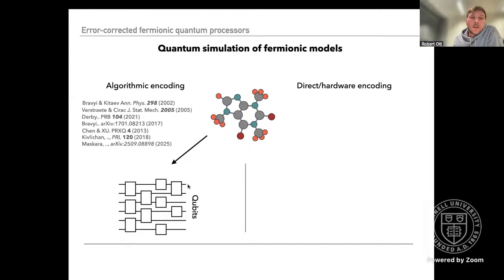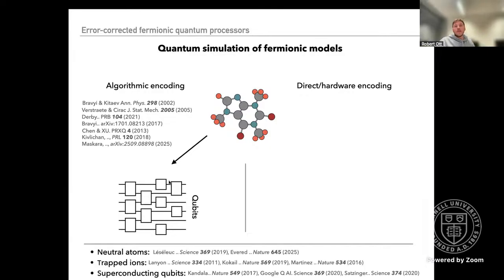And if you want to do that, you have to take into account this anti-symmetrization, and there has been quite a body of literature dealing with this. And by the way, all these reference lists are by no means complete, so I'm sorry if I'm forgetting something important here. But basically, for many of these fermionic problems, there exist efficient ways of mapping them into qubits. And this is what these papers have been dealing with.